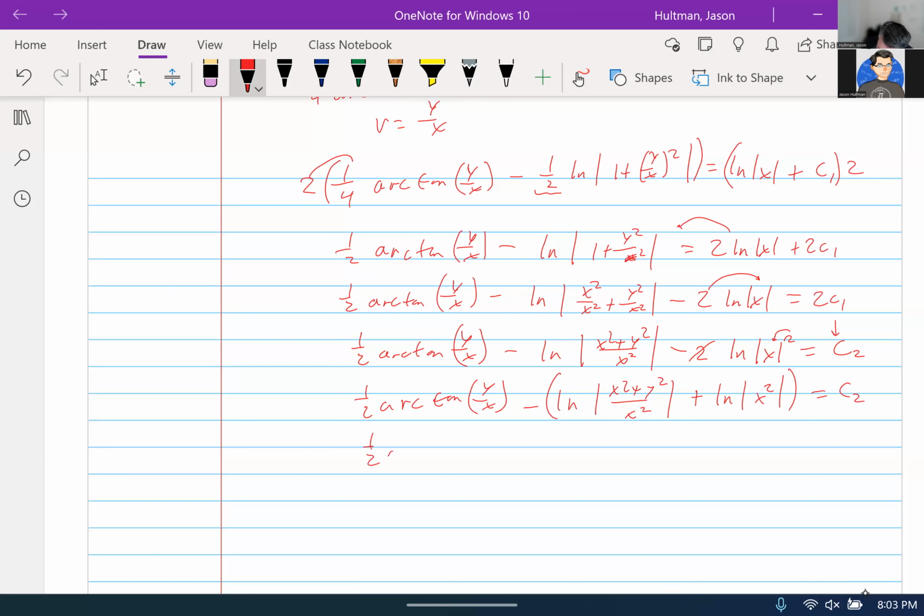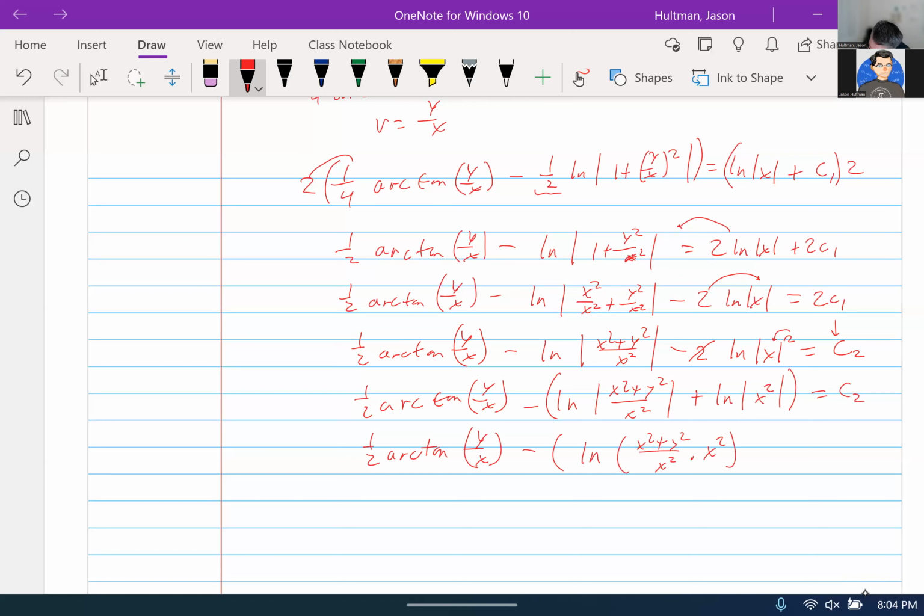So 1/2 arctan y over x minus the natural log, the sum of natural logs is the product of their values. Natural log of x squared plus y squared over x squared times x squared.